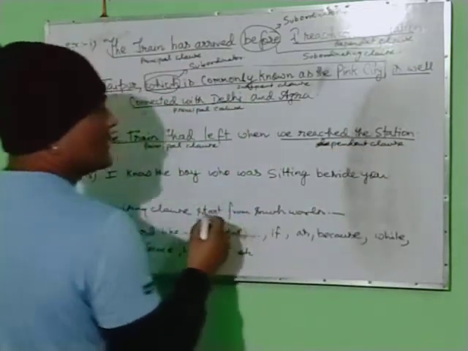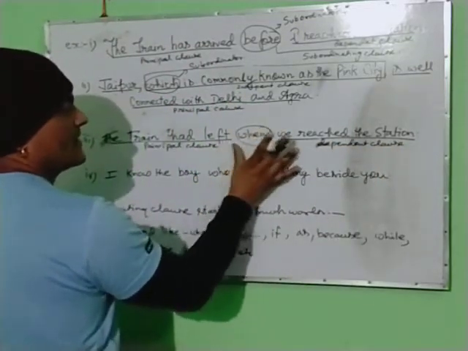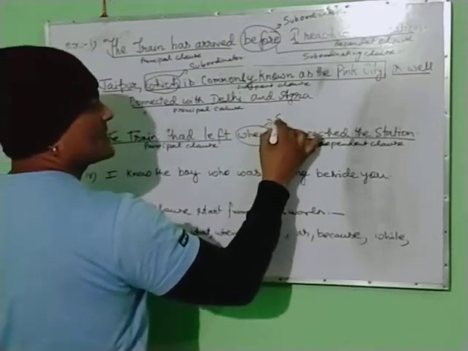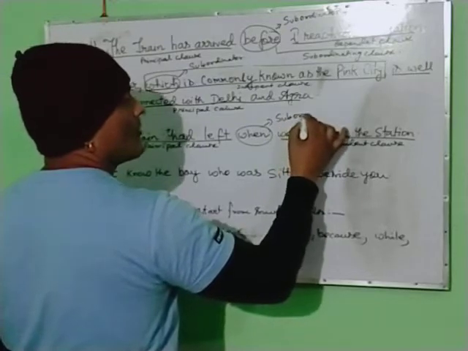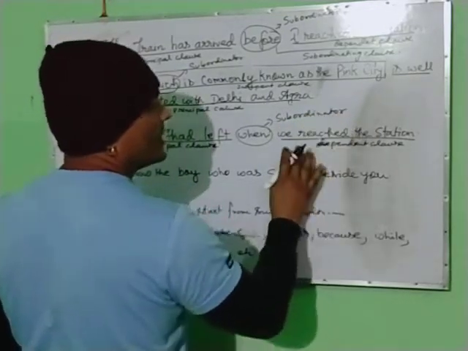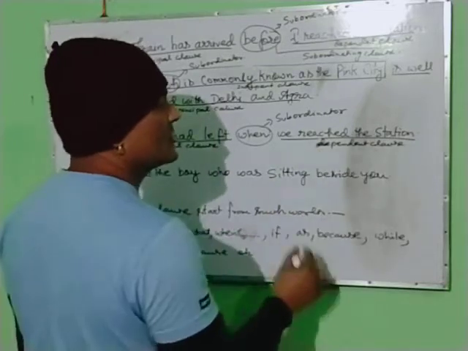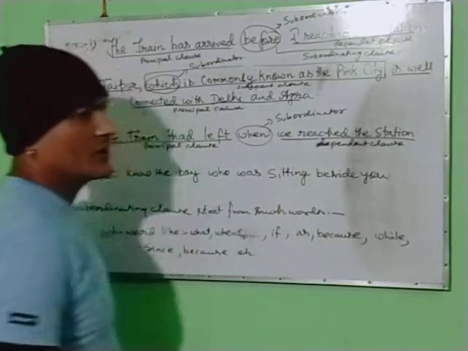Here these two sentences get connected by "when", which is called a subordinator. And the subordinator together with the dependent clause becomes a complex sentence, which is also called a subordinating clause.